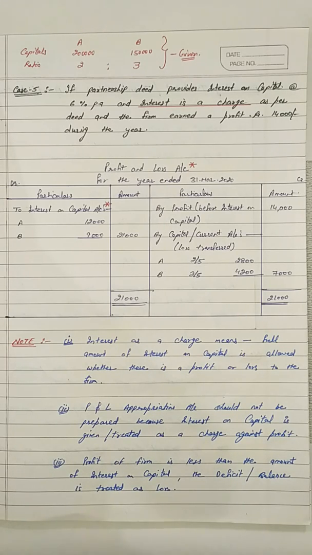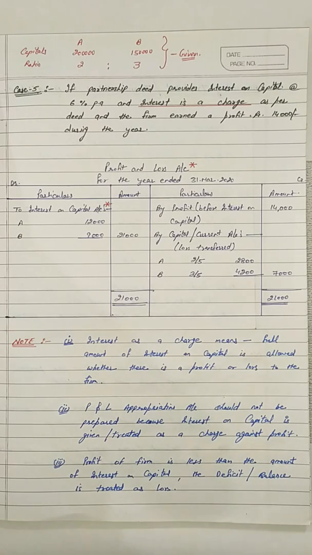Here one more thing you remember, we once again prepare a profit and loss account instead of a profit and loss appropriation account, because interest on capital is treated as a charge against profit. When interest on capital is given as a charge against profit, then we always prepare a profit and loss account in place of a profit and loss appropriation account.